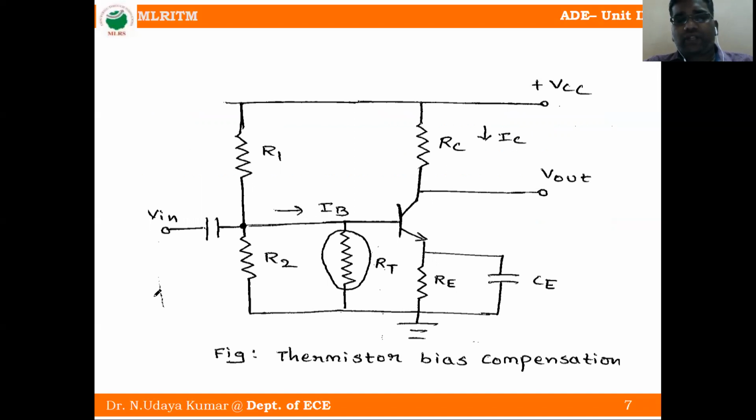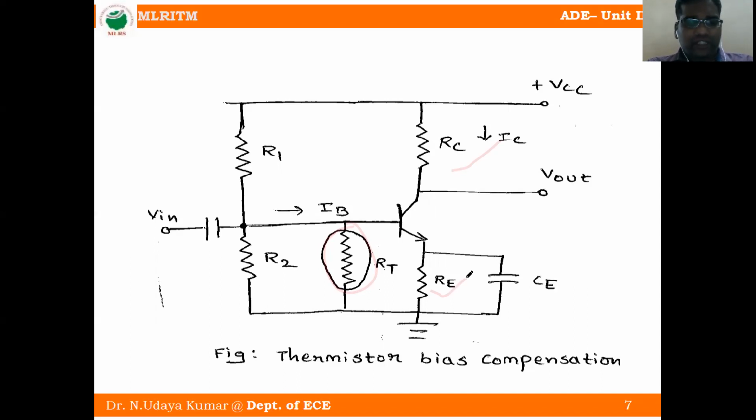First, you will analyze this circuit. It is an amplifier circuit which consists of a thermistor. RT is the thermistor, with a negative temperature coefficient. This one is R1, R2 voltage divider, this one is the collector resistance, and this one is the emitter resistance.